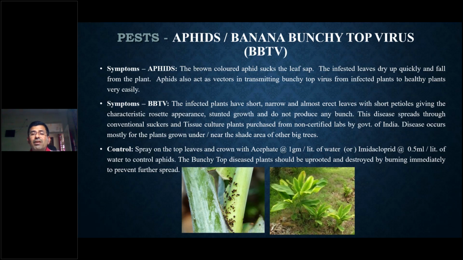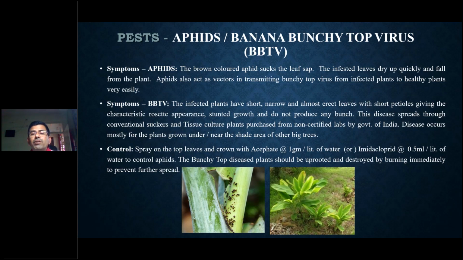The moment we see an infected plant, we have to uproot it and destroy it, we have to burn it actually. Then once in 15 days or once in a month, we have to spray on the crown with acephate 1 gram per liter of water, or imidacloprid, that's Confidor, 0.5 ml per liter of water.